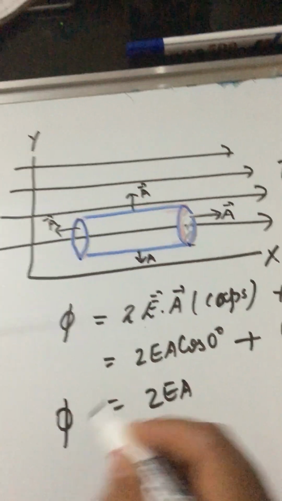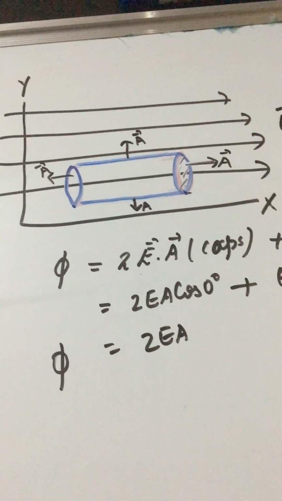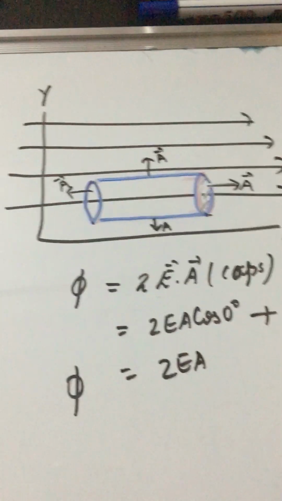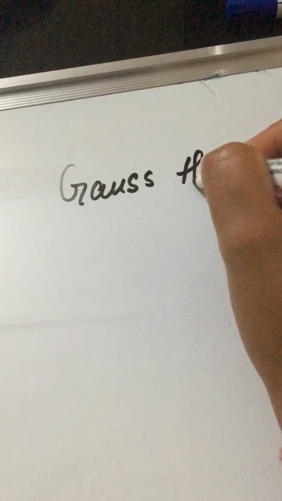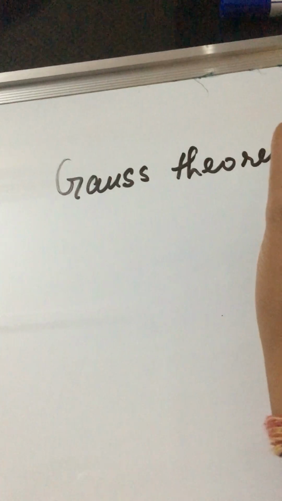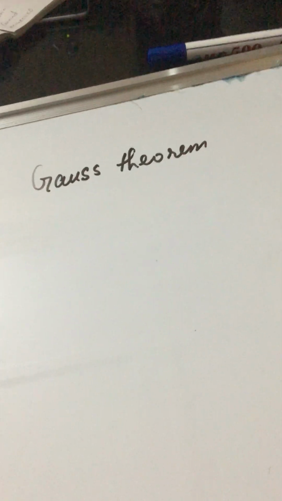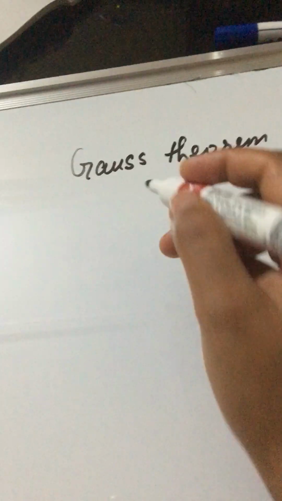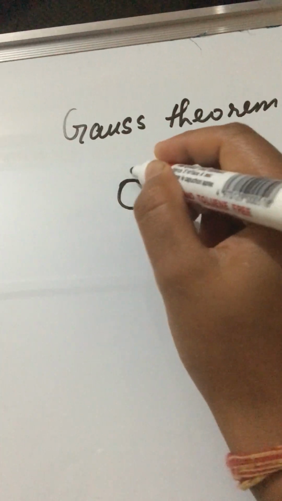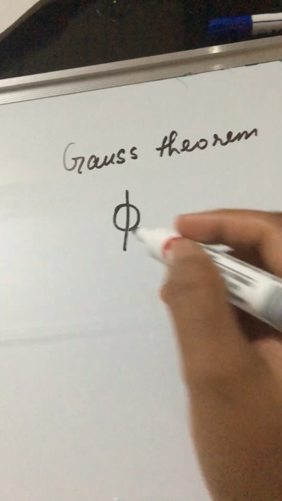Okay, now if we are clear about electric flux, then we can go to Gauss law. Now let us come to the Gauss theorem, which is the name of the chapter itself. Gauss law, Gauss theorem. What does it say? It says the flux through a closed surface.